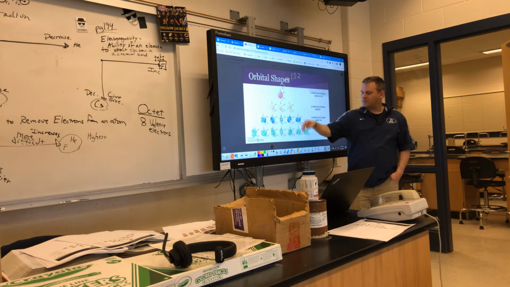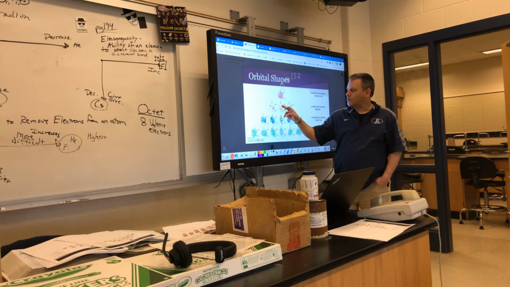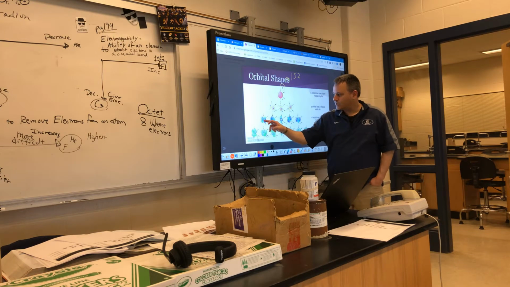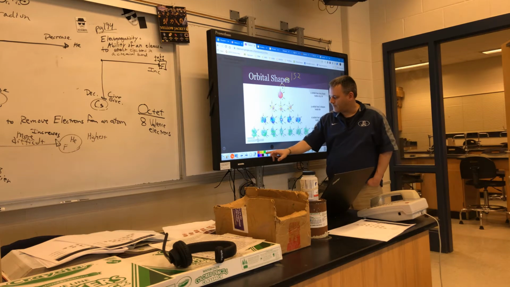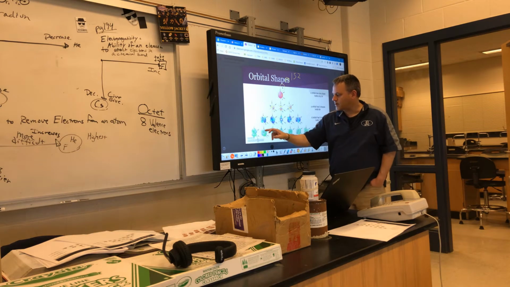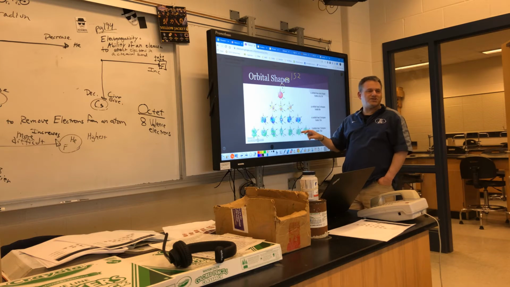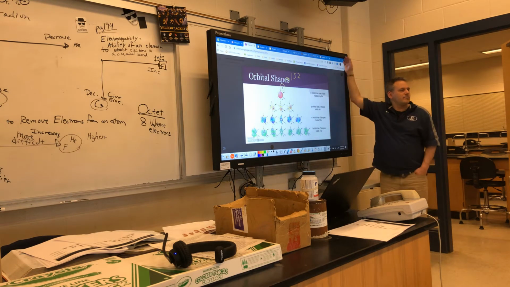You see these shapes, letter P? You have 2 electrons in each one. In letter D, 2 electrons whizzing around making those shapes. In letter F, 2 electrons whizzing around making all those shapes. Again, this is based on super calculus, complex maths.